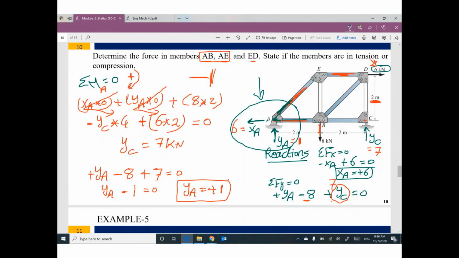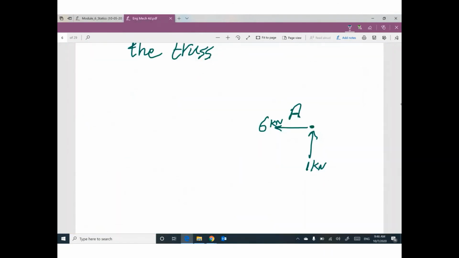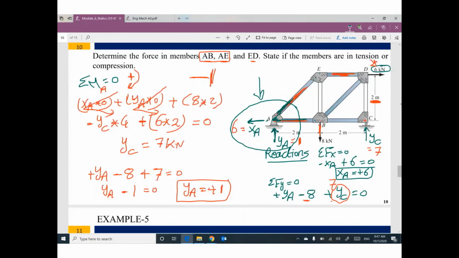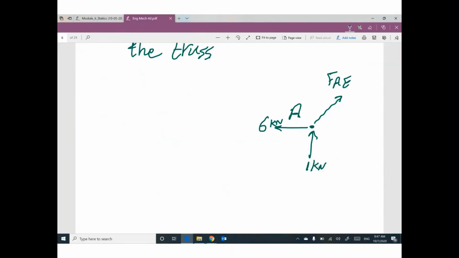We have a force here, FAE. What else? Please don't forget any. We have a horizontal member intersecting at A called AB, so you have a force here called FAB. Do you think we have anything else intersecting at A?